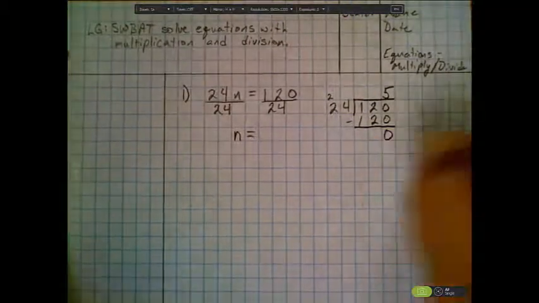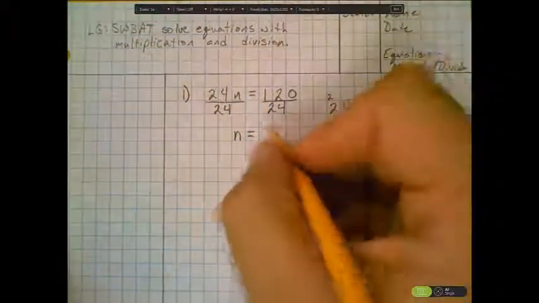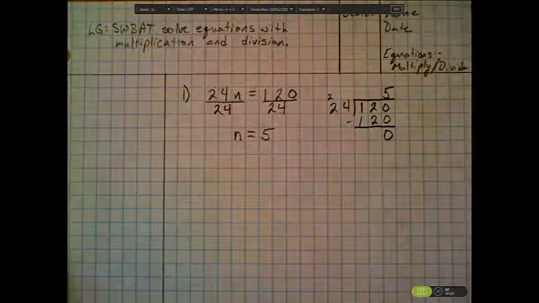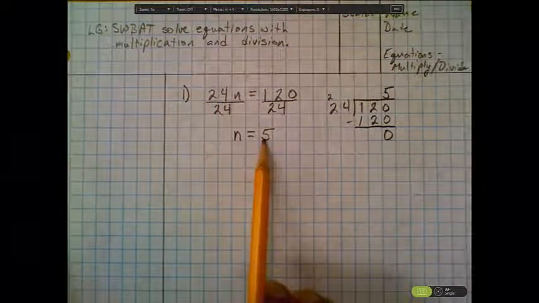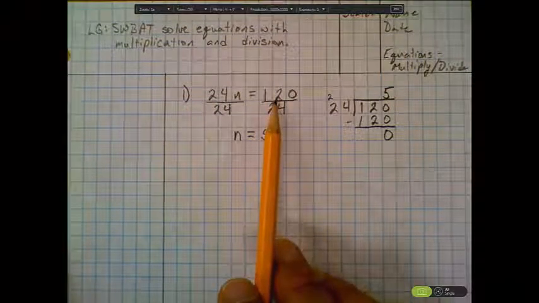And then we subtract and get a remainder of 0. So n is going to equal 5. So if you take 24, multiply it times 5, it's going to equal 120.